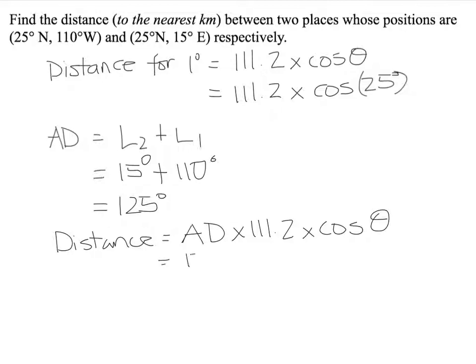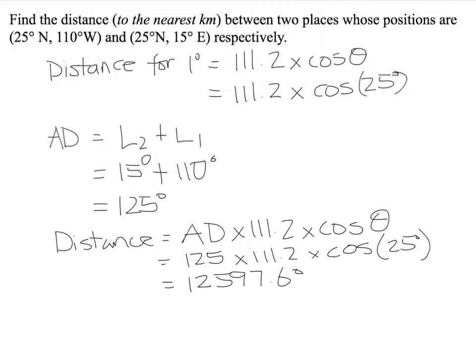Now we know our angular distance is 125, 111.2 times cosine of 25 degrees, which we have up there. And when we calculate all of that together, we get 12,597.68 kilometres.